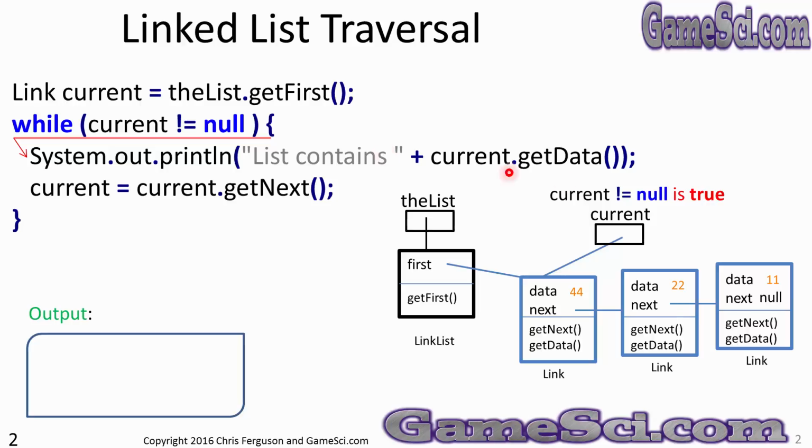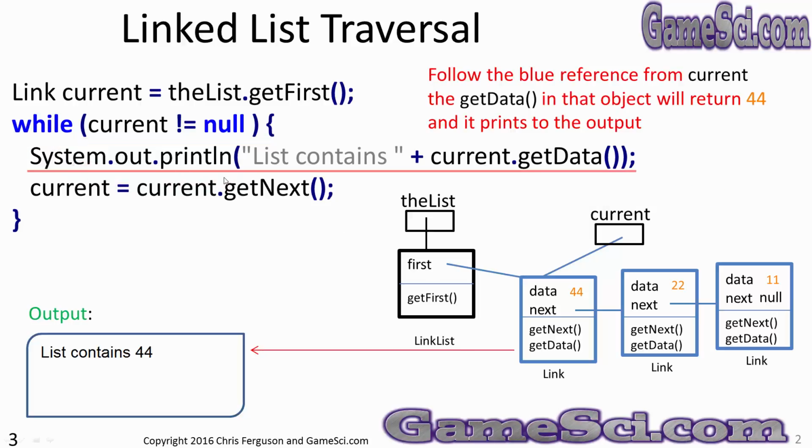While current is not equal to null, well, current is a legitimate reference. It's pointing to a real object. So not equal to null is definitely a true statement. As a true statement, we need to go inside the loop and execute the loop. We'll do a system.out print line. We're going to follow that blue reference line from current to get data right here.